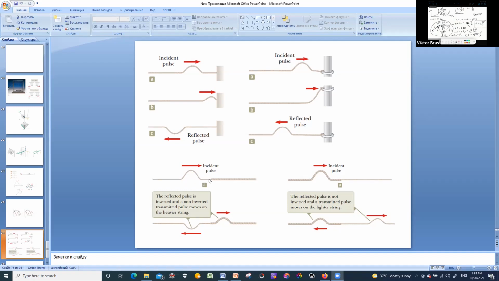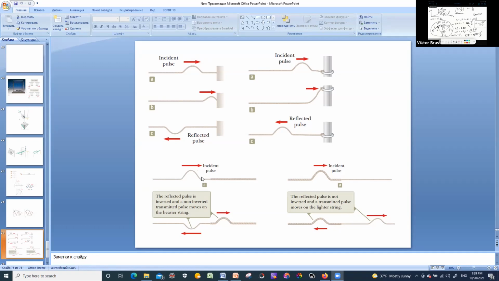So now, if we have such an interface where two different strings are attached to each other, then both phenomena are observed, reflectance and transmittance. And in this case, you need to be careful with defining from which side the incident pulse is approaching the interface. So let us consider two cases.